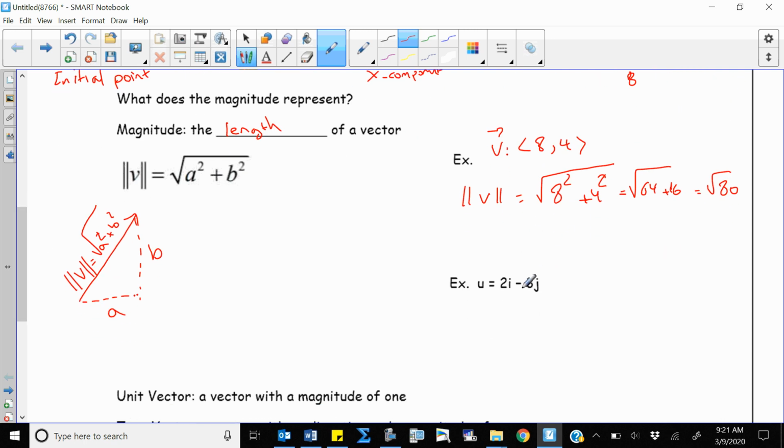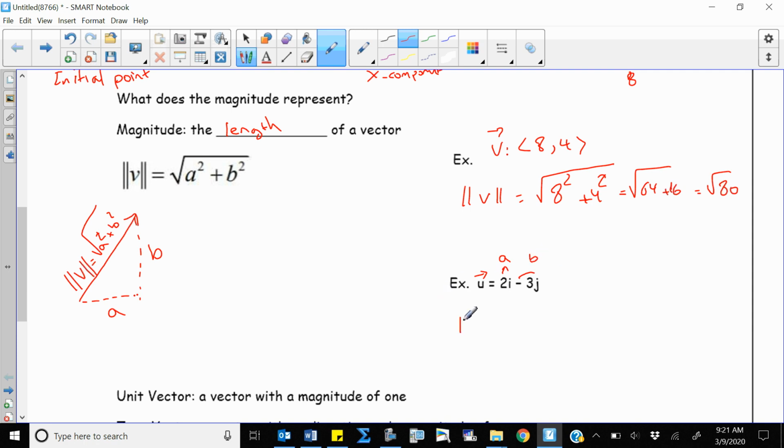Here we have another example. In this example, we have vector u, and the a value, or the x component, is 2, and the b value is -3.